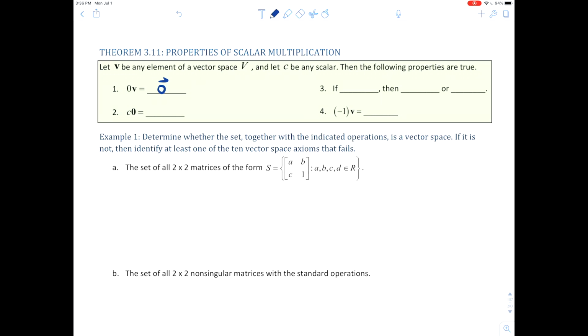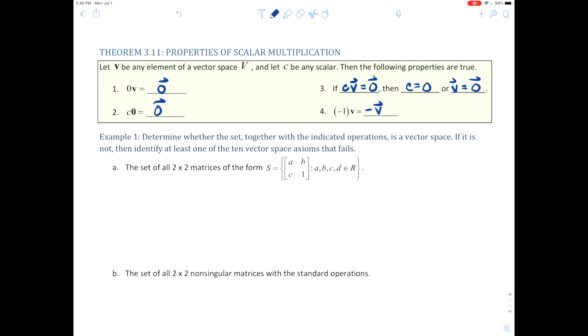You have to understand what space you're in. And then a scalar times that 0 element for that set would again be the 0 element. And if you have c times v equal to the 0 element for that set, then c must be equal to the scalar 0, or v must be equal to the 0 element for that set. And negative 1 times v would be negative v.